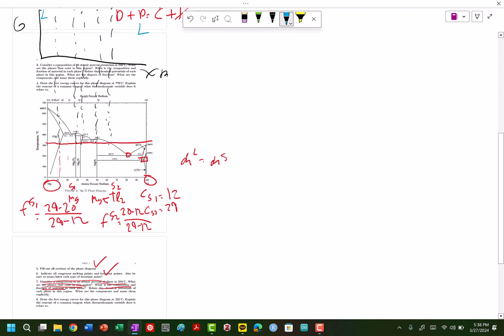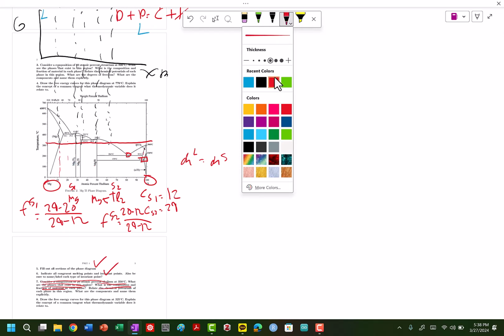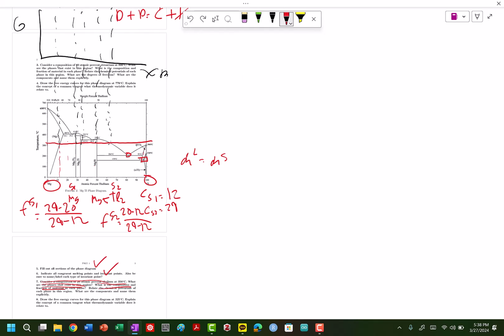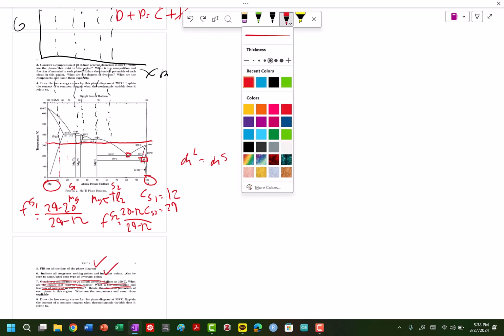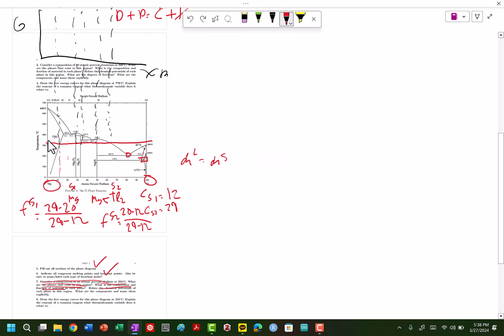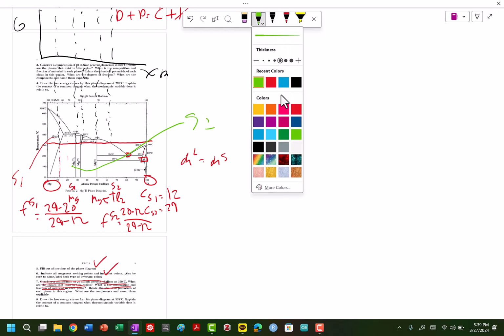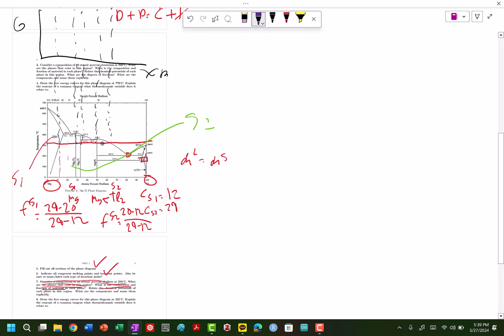Pure liquid here. Let's start to label the following. Mg is going to be S1. I'm going to call this S2. Purple, I'm going to call this S3.